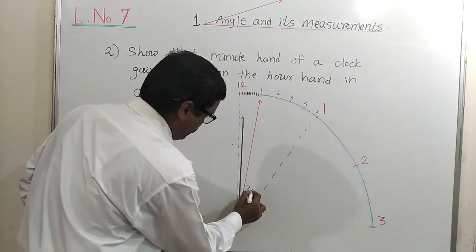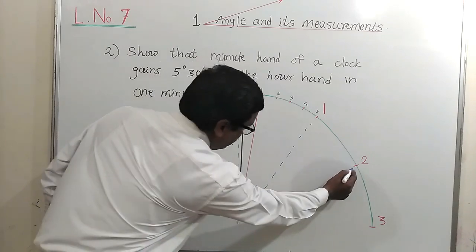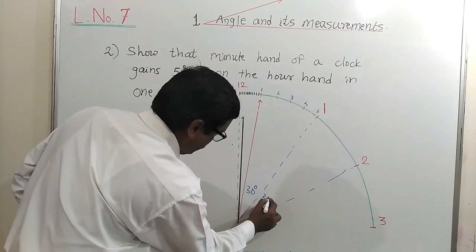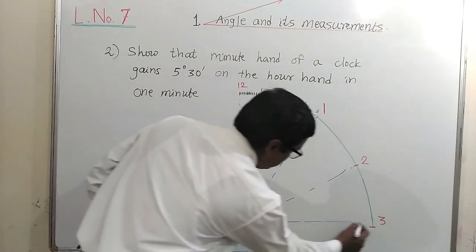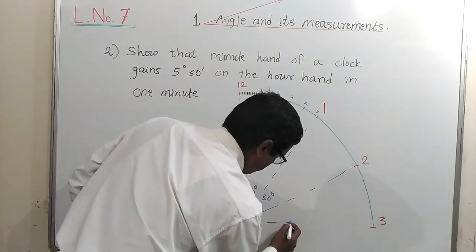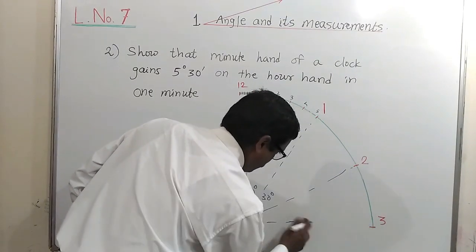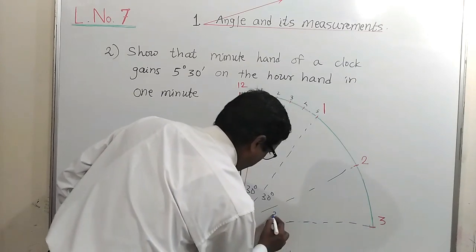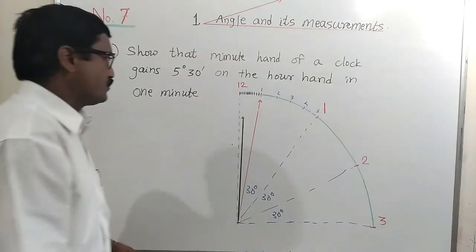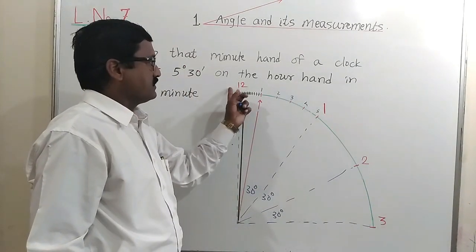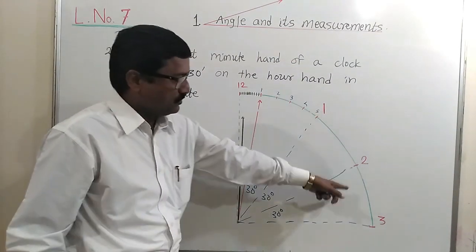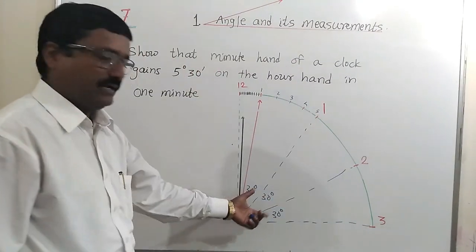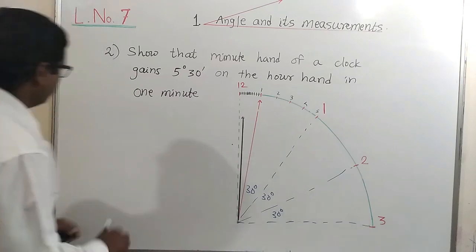Here the angle is 30 degree, here is also 30 degree, and this much angle is 30 degree. So in 1 hour, meaning 12 to 1 o'clock or 1 to 2 or 2 to 3 o'clock, the angle is of measure 30 degree.